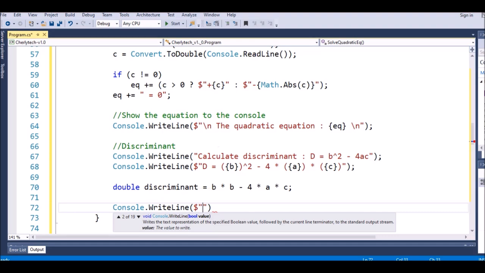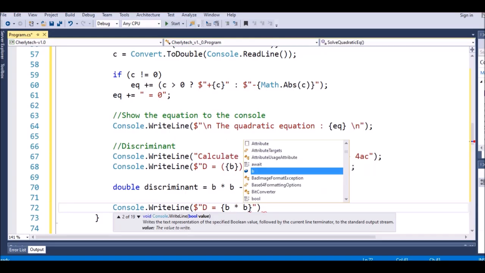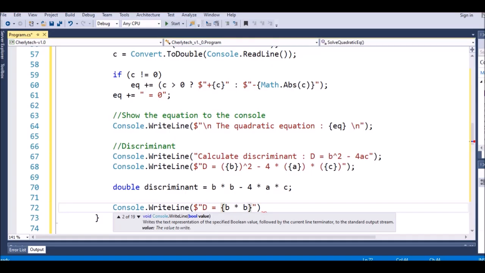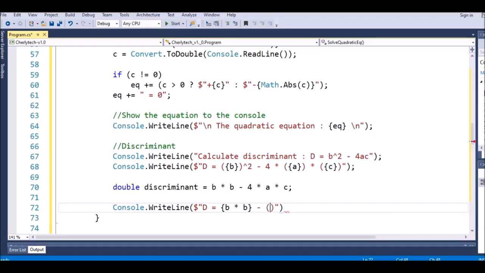We have D equal, we have B multiply B, like this, and then we have minus, right, minus 4 multiply A multiply C like this.